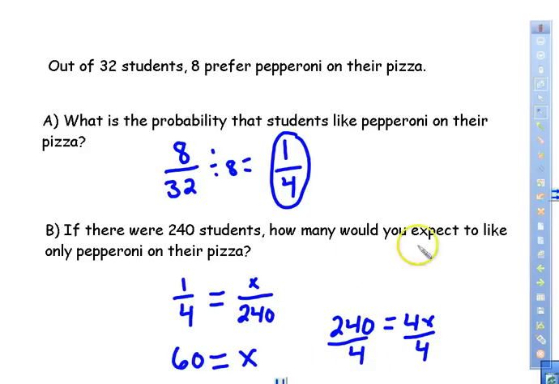So 60 students is what we would expect according to our ratio that we have on the survey that we conducted. 1/4 of them like pepperoni on their pizza, so 1/4 basically of 240 is 60. So 60 students, and yes, you would want to write that on there as well, students.